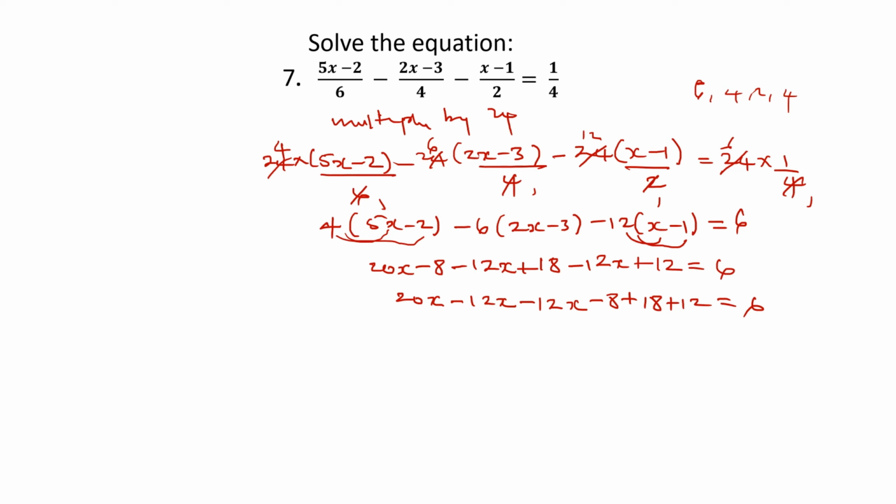So let's try to recheck this. 20x minus 12x minus 12x. We add them together. 20x minus 12x is 8x. 8x minus 12x is negative 4x.